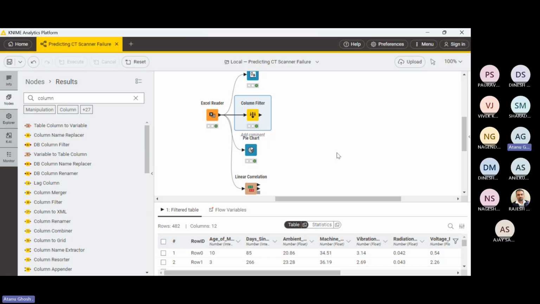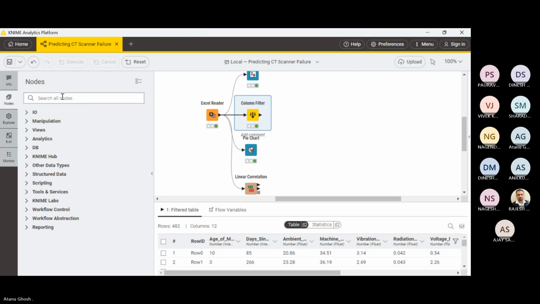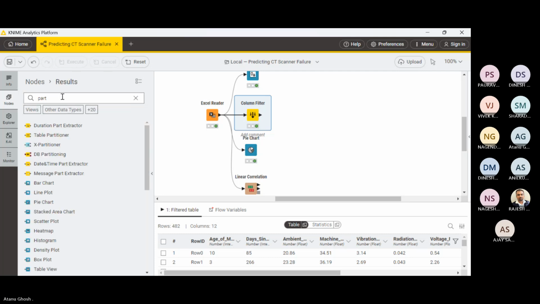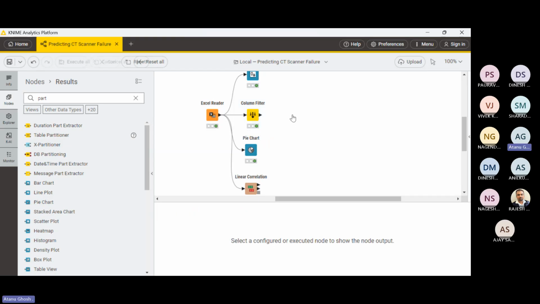Concept clear? Yes or no? Yes. Yes, sir. So good thing is that we can straight away now go to partition. Between the test and the training data.